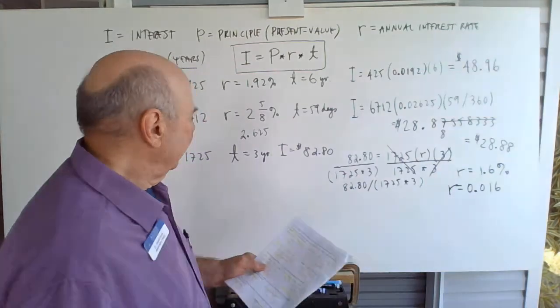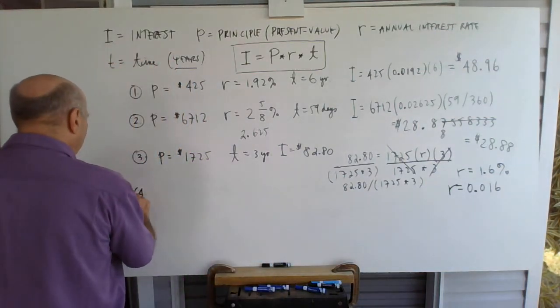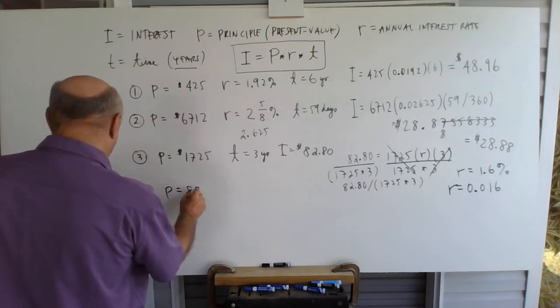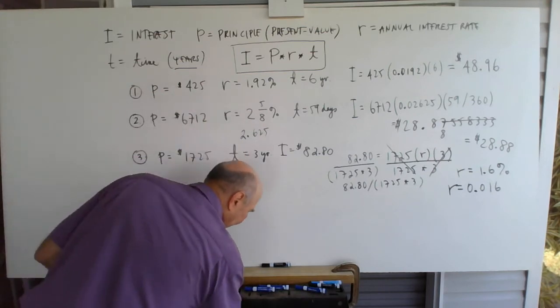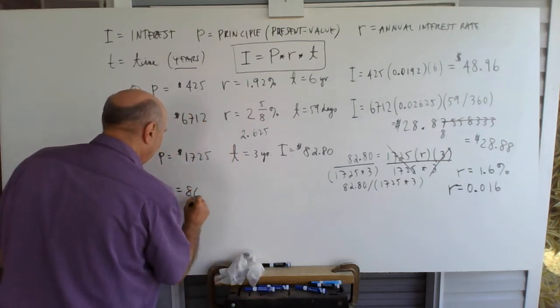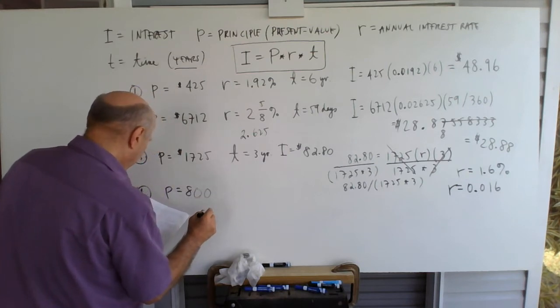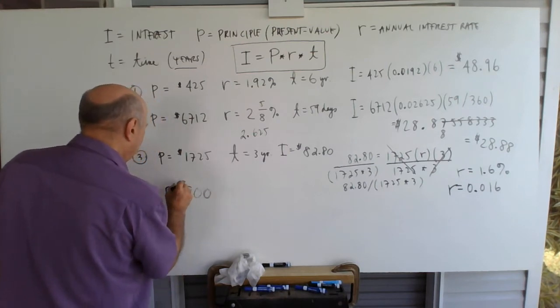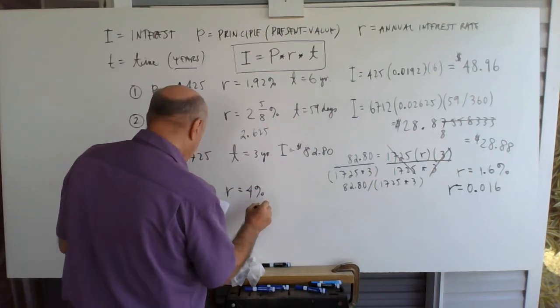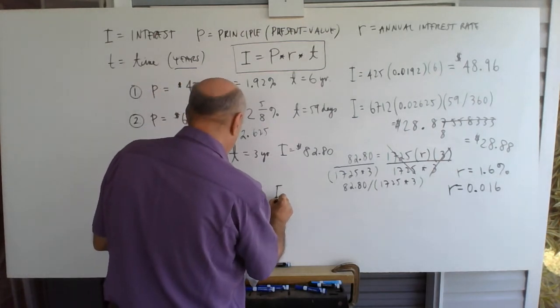Okay, here's one, number 4. P is $800. R is 4%, and I is $64.